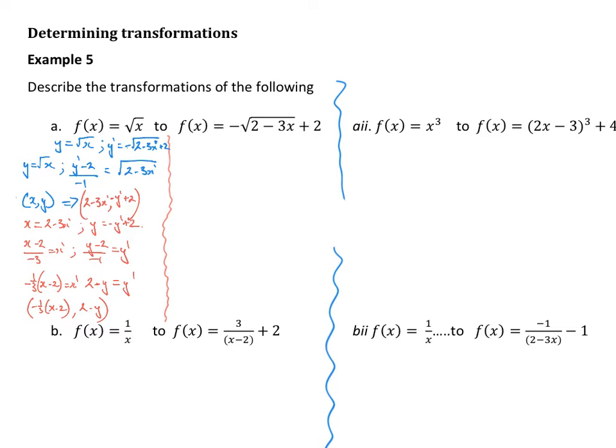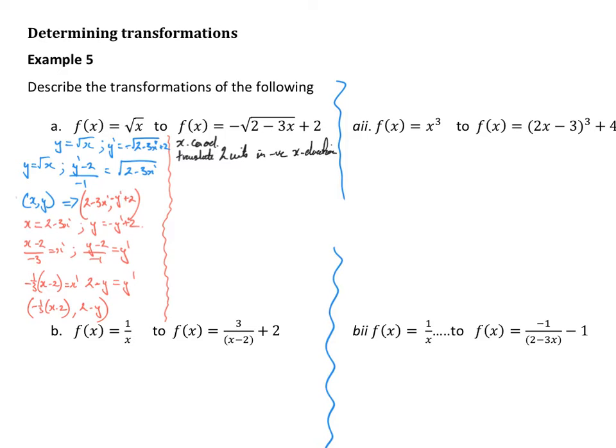So how do we make these transformations? What statements describe these transformations? Let's have a look at the x coordinate. My series of transformations, in order: the first thing that's happened is we've moved 2 units in the negative x direction, so translate 2 units in the negative x direction.